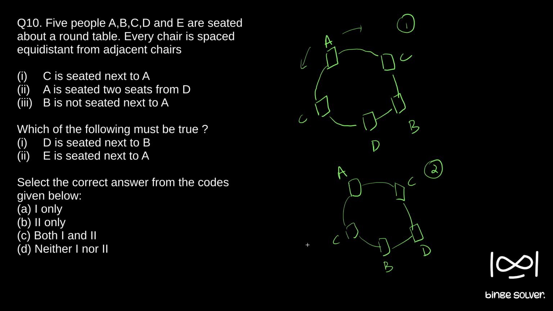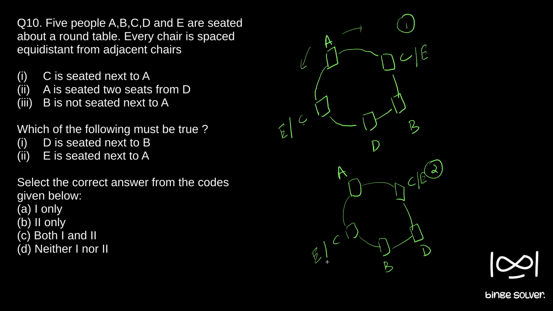Now, which of the following must be true? In both cases, D is seated next to B. So this has to be true. And E is seated next to A. Since we haven't filled in the information, E can be here or here, and in the other case also here or here.